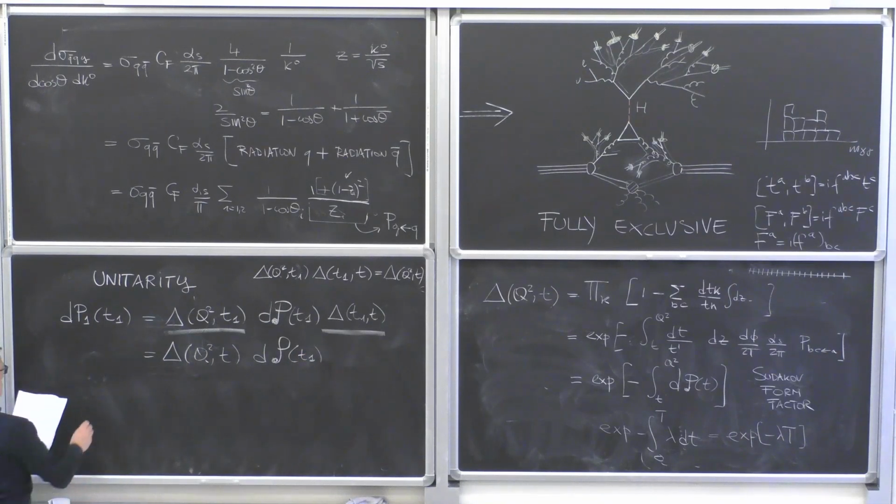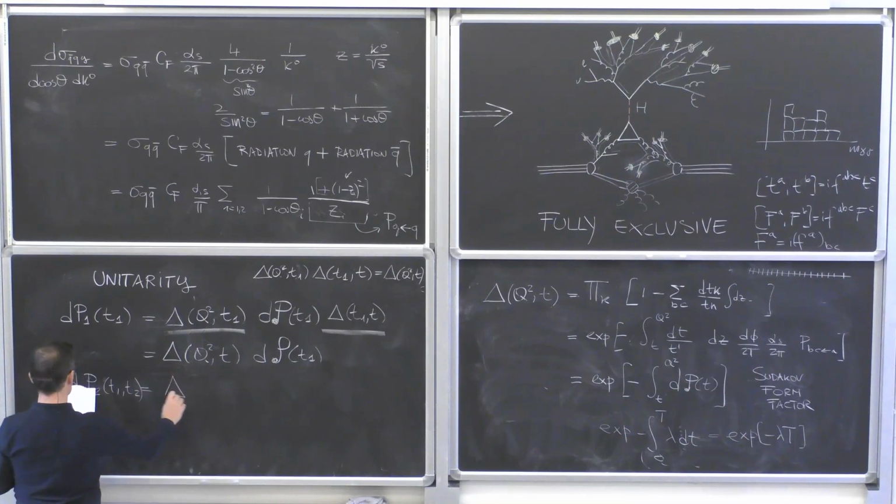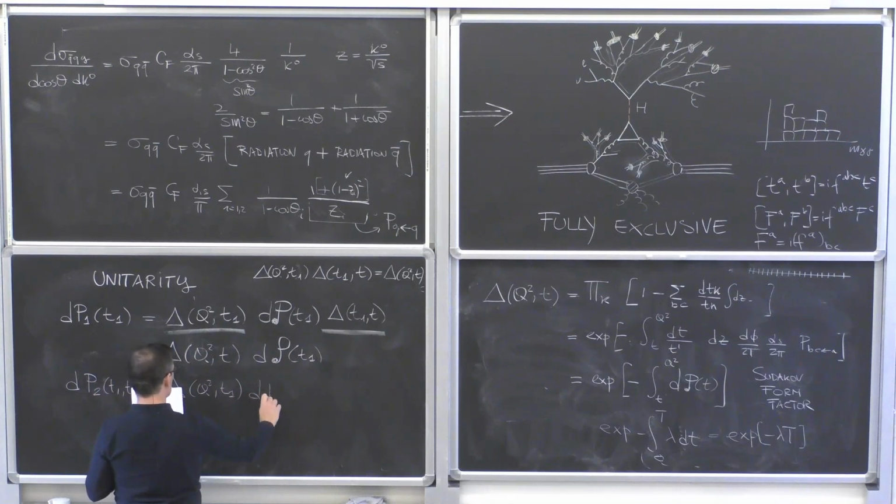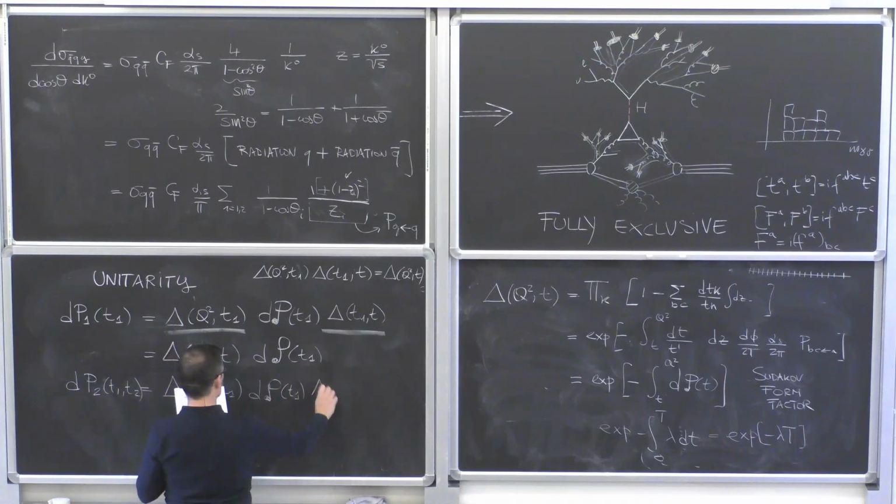Two emissions is the same story. So I make two emissions, one at t1, one at t2, and now you got the point. So it's non-emitting up to t1, emitting at t1, non-emitting, and so on.